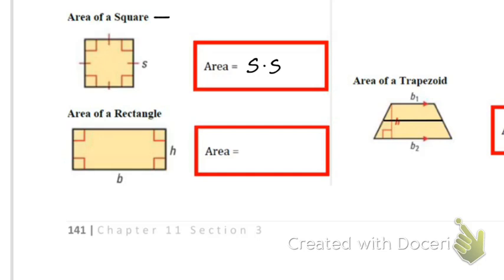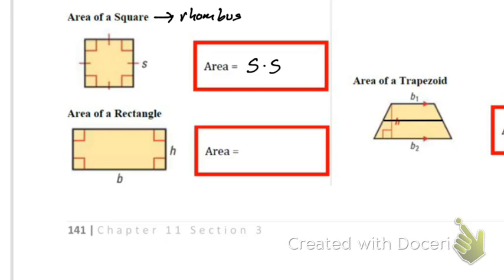Don't forget, a square is also a rhombus. We'll get to rhombus in a second. Whatever you can do to a rhombus, you can do to a square. So this would also be diagonal 1 times diagonal 2 divided by 2, or 1/2 diagonal 1, diagonal 2.